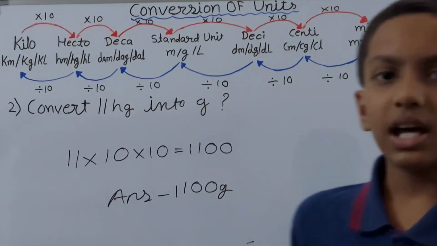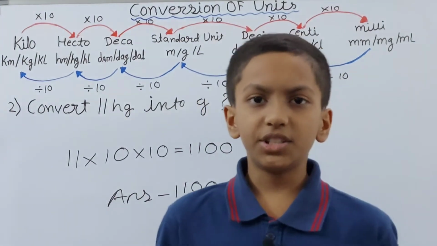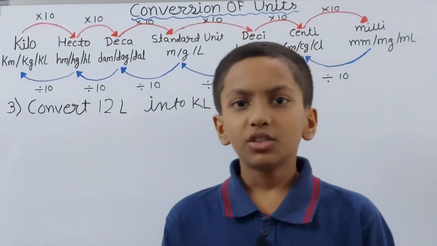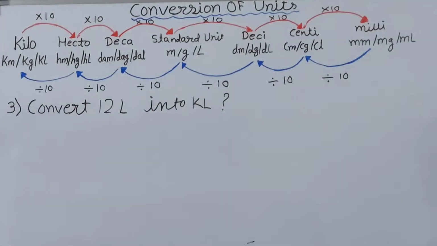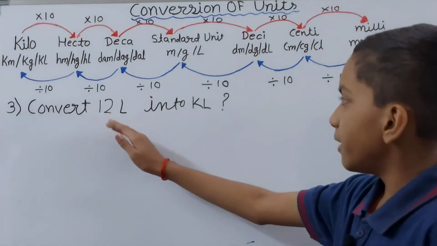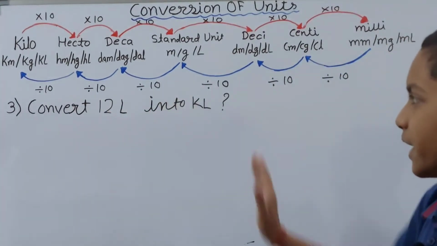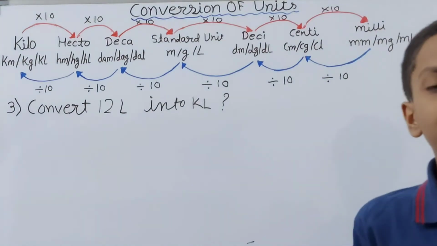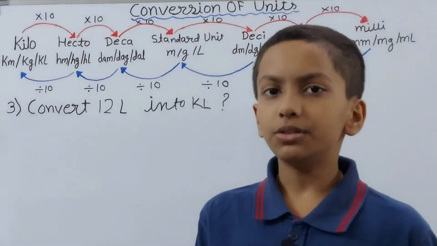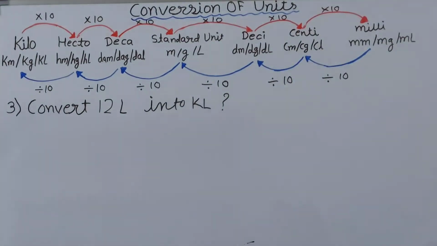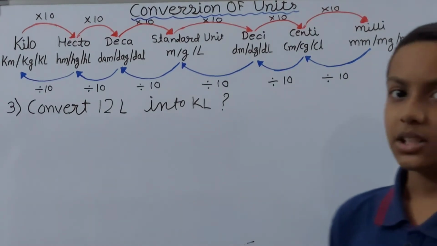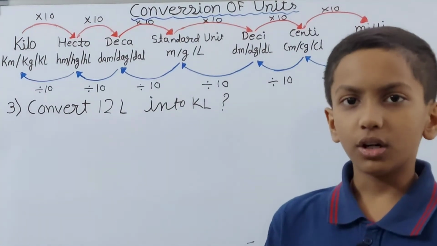So friends, now let's see one more question. The next question says convert 12 liters into kiloliters. So we have 12 liters and we have to convert it into kiloliters. So as I told you, the first step is to decide whether we have to multiply or divide.